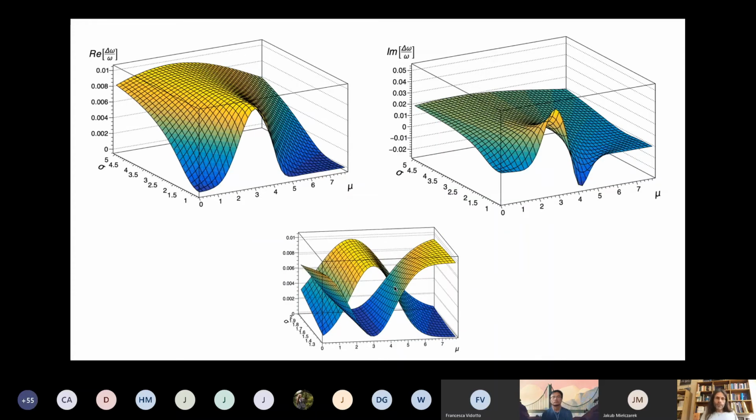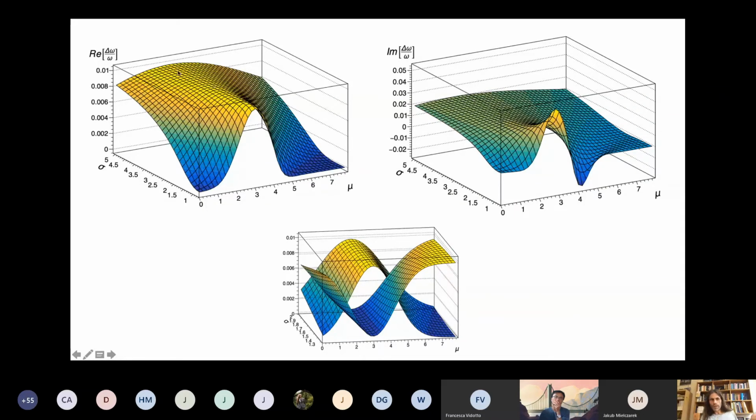On the next slide, we have plotted the relative variation of the real and imaginary part of the complex frequency with respect to the position of the Gaussian deformation and width of the Gaussian deformation, and for a fixed amplitude of the deformation. The results are not very surprising in the sense that when the deformation is very wide, you are not sensitive anymore to its position.